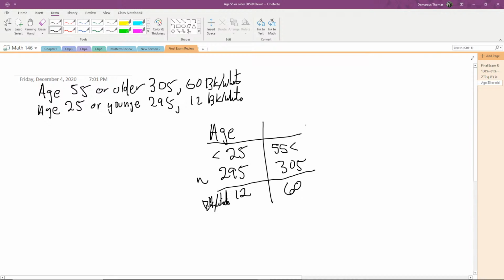So basically what we're trying to figure out is, can we conclude as a result of these statistics that if you're 55 years or older compared to 25 years or younger, you have a greater chance of dreaming in black and white? Can we say that that's a fact?